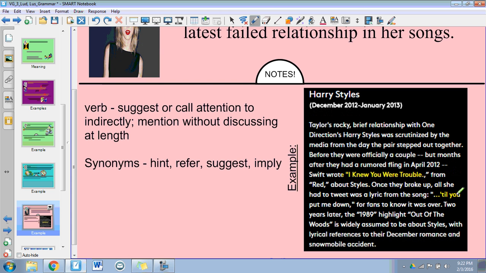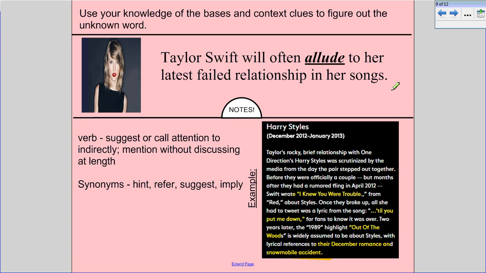Here she's saying, You put me down. And then also in the song Out of the Woods, she's referring to their December romance and some sort of snowmobile accident that the two had. So she's not really coming out and saying in her song that it's about Harry, but she's playing around with the ideas based on some things that they had done in their past.